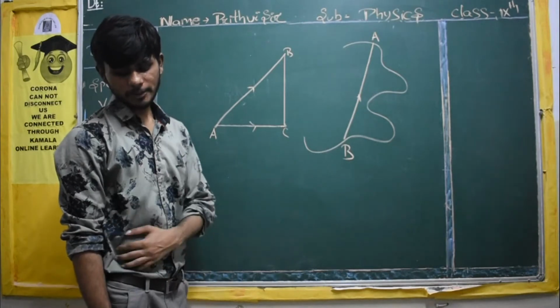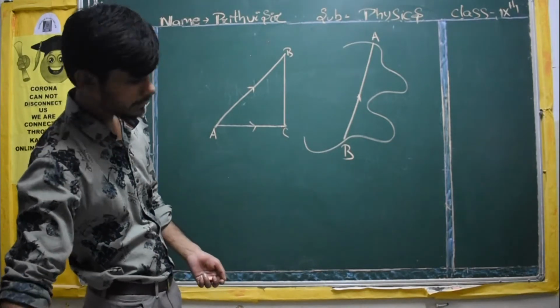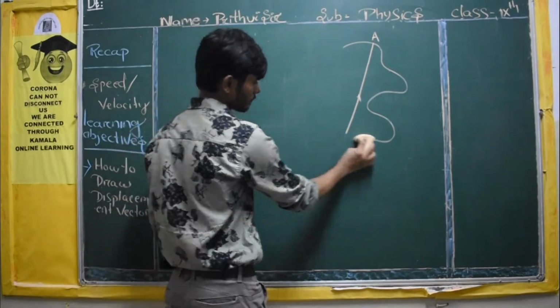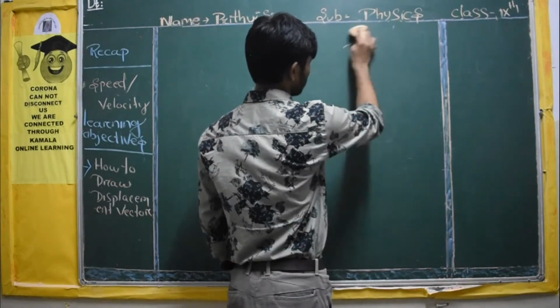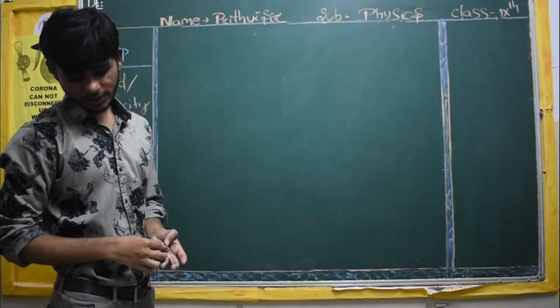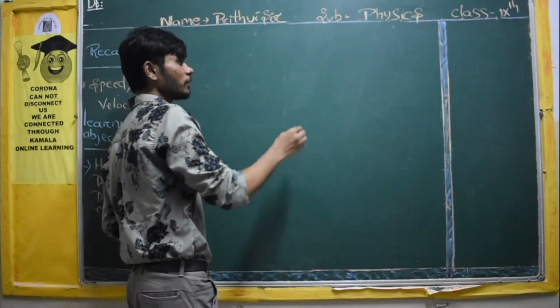Next, average speed and average velocity, which we need to learn. For this, the book has given a beautiful example, and we will take the same example.